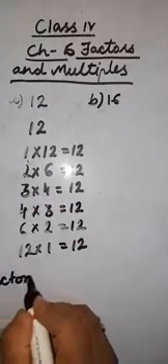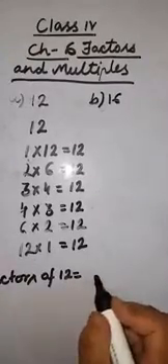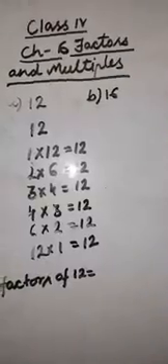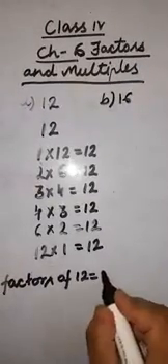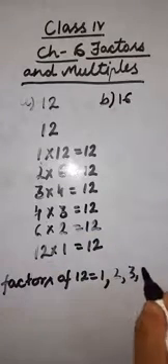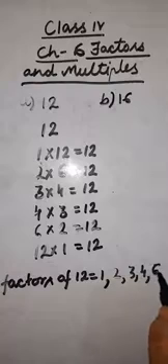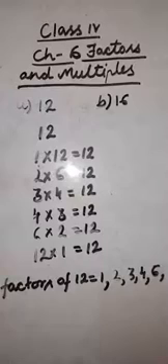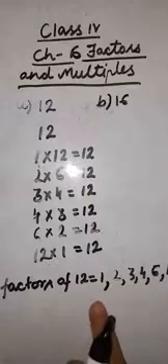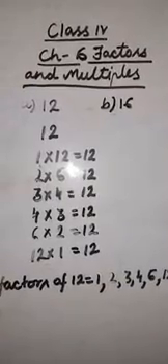Factors of 12 is equal to we have here 1, 2, 3, 4, 6 and 12 itself. Okay? So all these numbers are the factors of 12. Alright children? Understood?